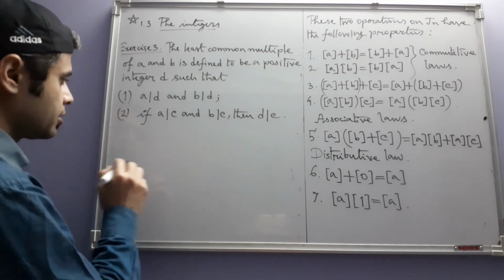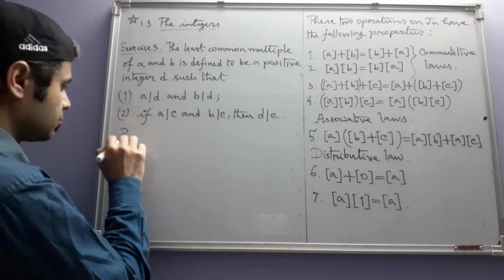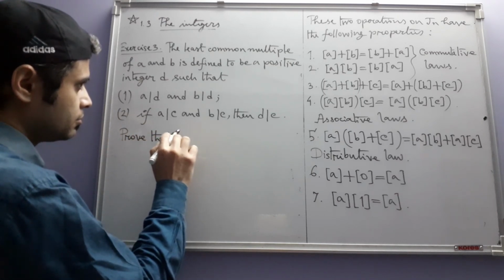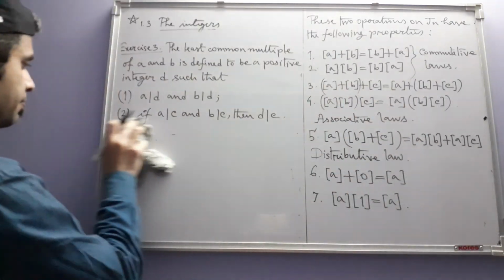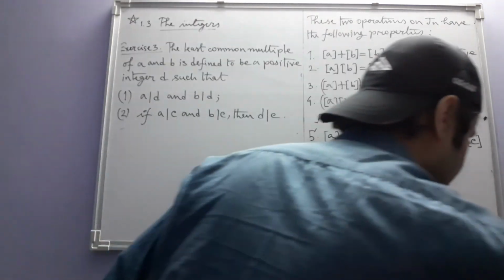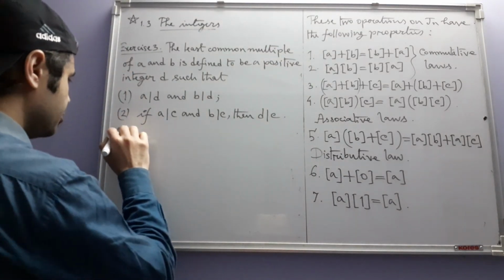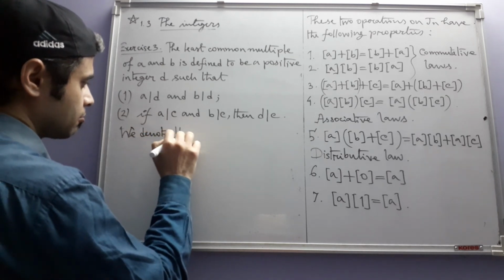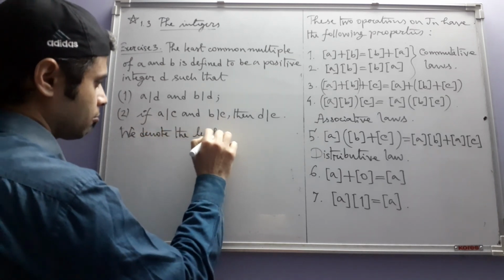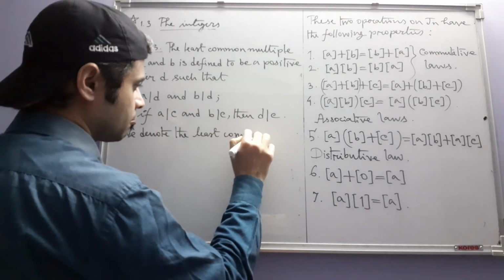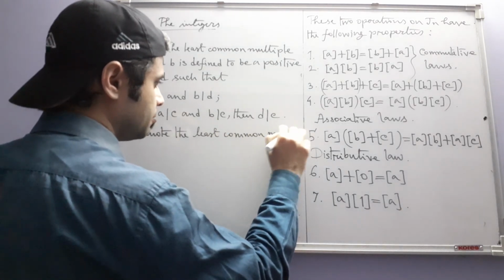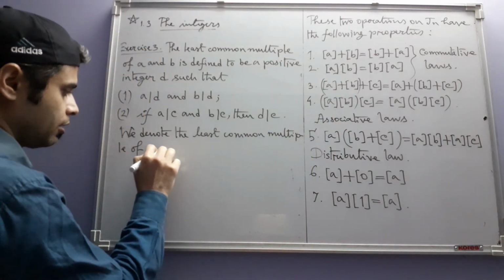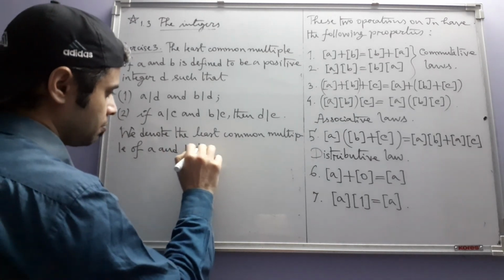Now the exercise asks this: prove that... I have not said how we denote it. We denote the least common multiple of a and b by this symbol.